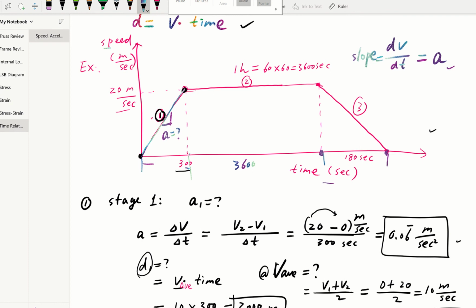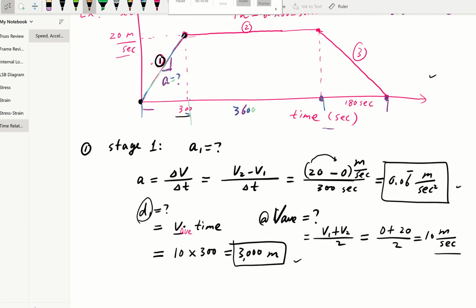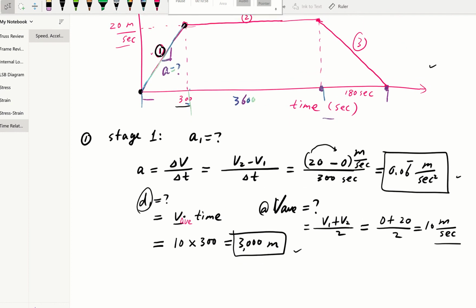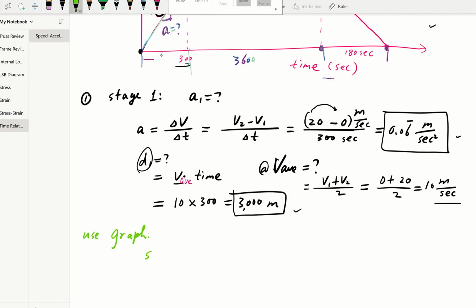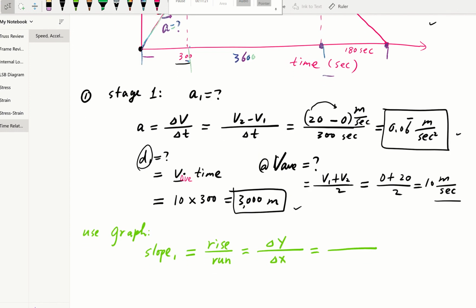And how do we figure out the slope? Here we use the graph. The acceleration for stage 1 is going to be equal to rise over run, right? In other words, delta y over delta x. And the y-axis here is speed, so it's delta v over delta t, where t is the x-axis.